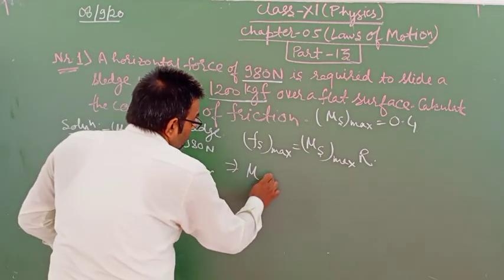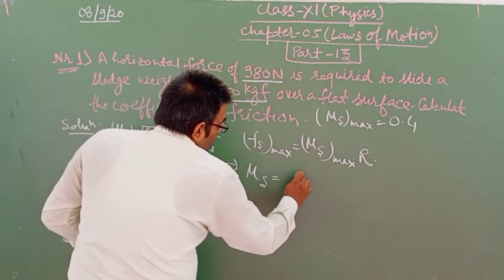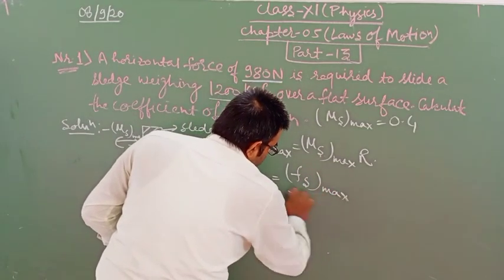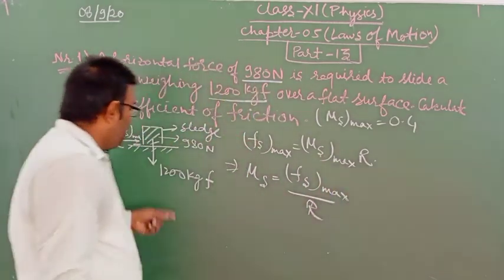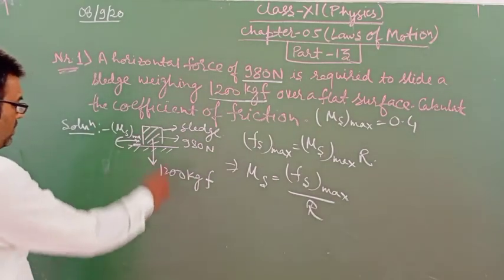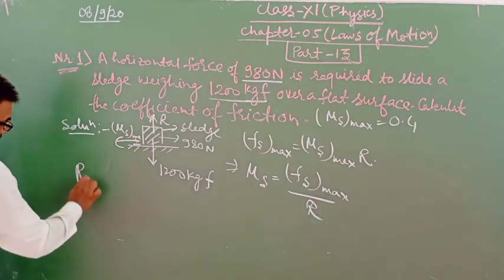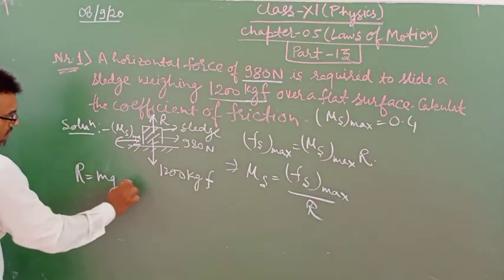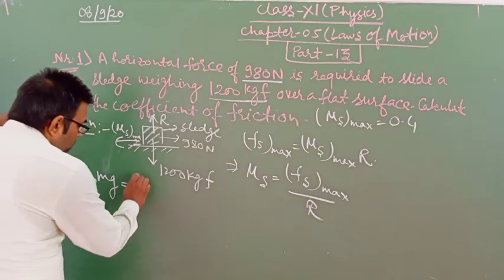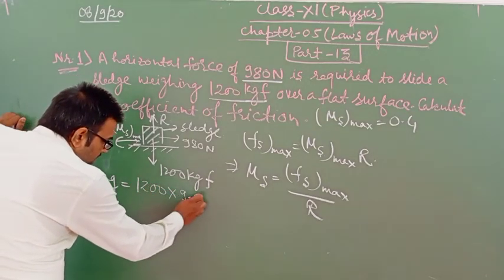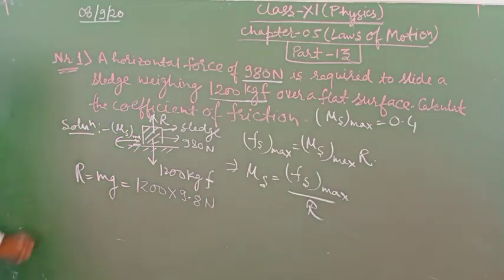Mu s is equal to Fs max upon normal reaction. So what is the normal reaction? Normal reaction R is equal to the weight, that is mg, which is 9.8 Newton.